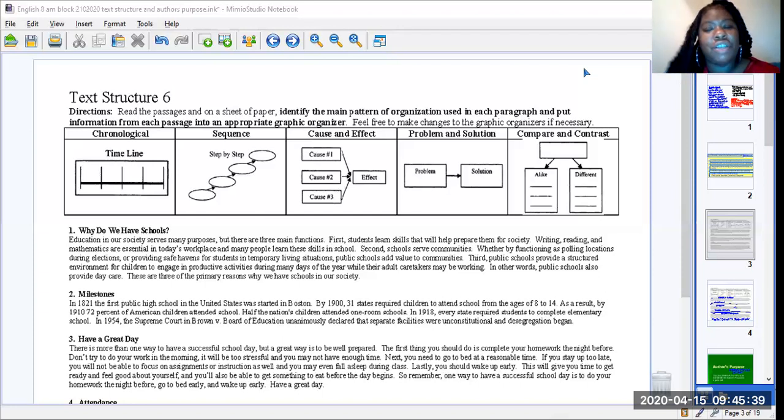So what I'm going to do is ask you for numbers 1, 2, and 3 which text structure you used and why you picked that particular text structure. And like I said, remember this is just like regular class. I just want to be sure that you understand how the text structures and everything work.